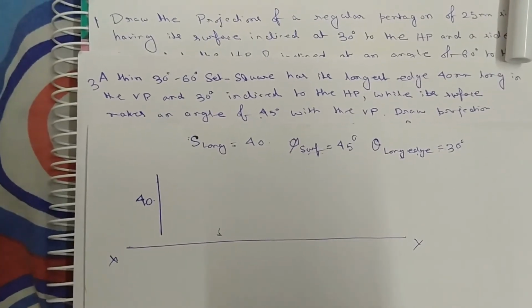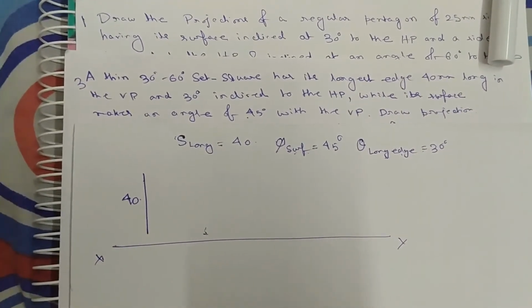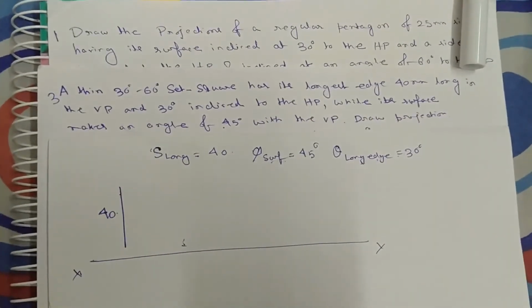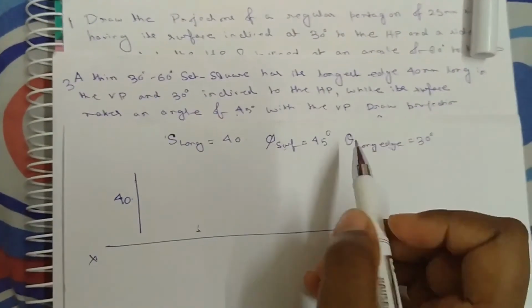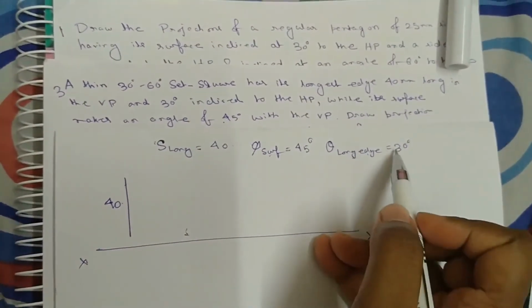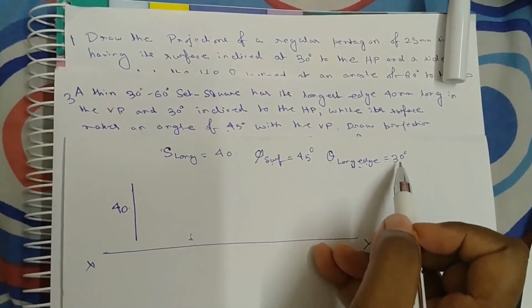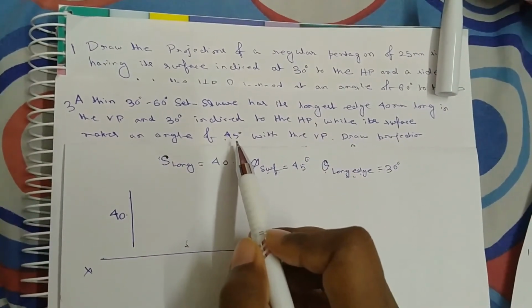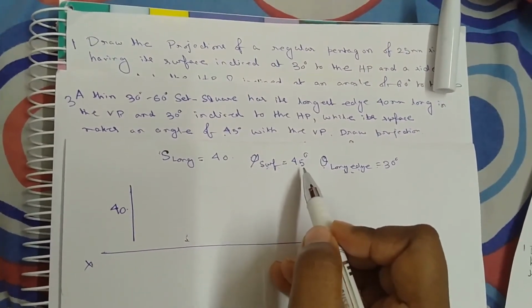A thin 30-60 square has its longest edge 40 mm long in the VP and 30° inclined to HP. So the longest edge has 30° inclination, that is phi for the edge is 30°, while its surface makes an angle of 45° with VP. So phi for the surface is 45.